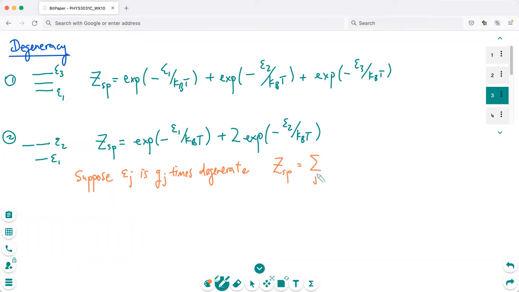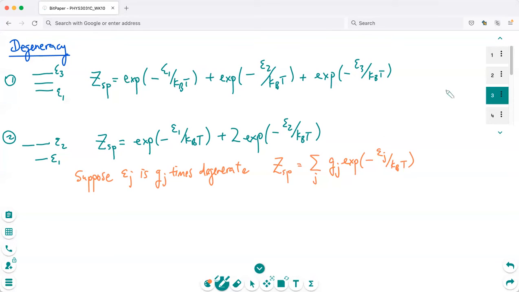So you have this sum over J, you have G sub J times the exponential of this. All right. So now this is a simple part.